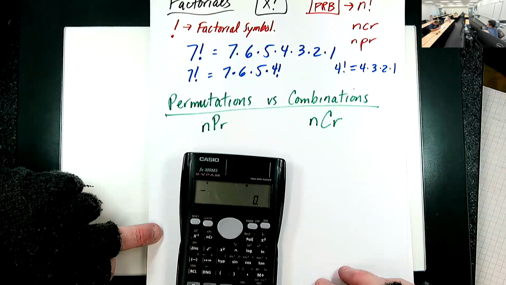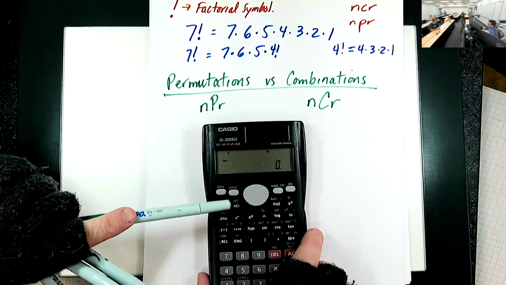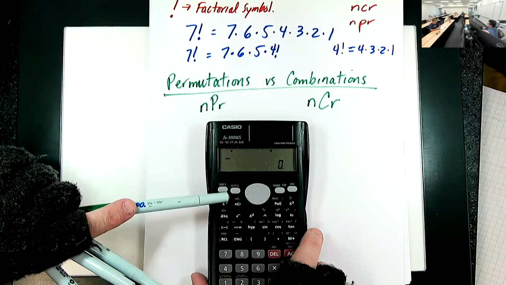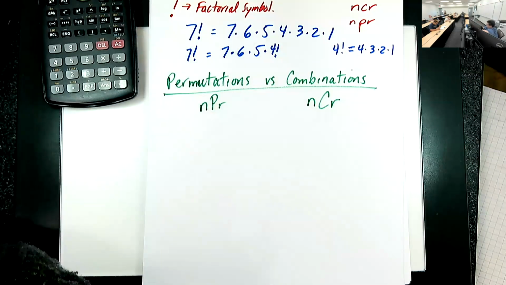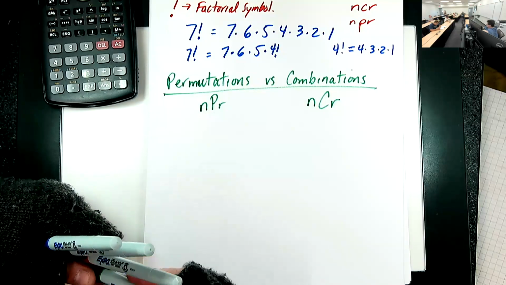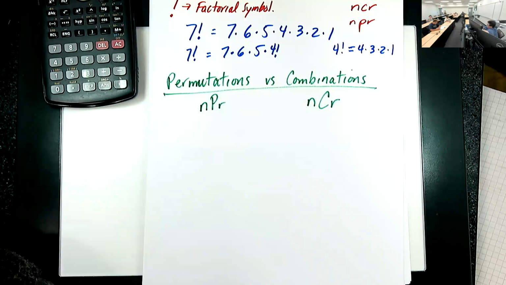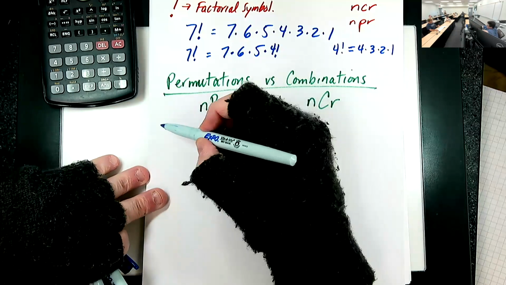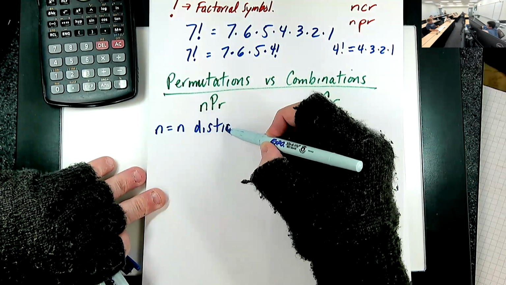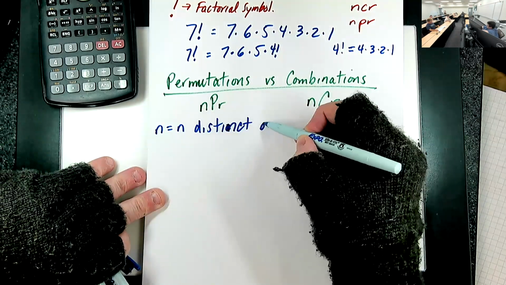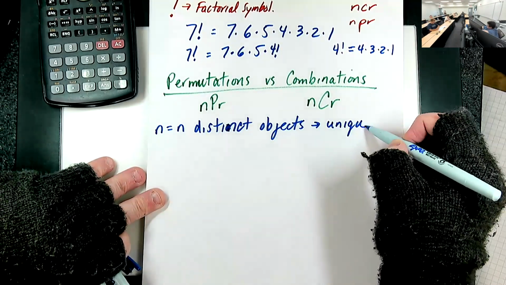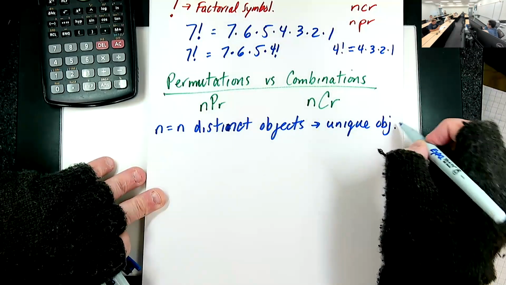I don't have a probability button, but I have NCR right here. And you can't see it, but NPR is right above it. So the way these work, we'll do combinations first. But for both of them, N means N distinct objects. So unique objects. How many unique objects do we have?